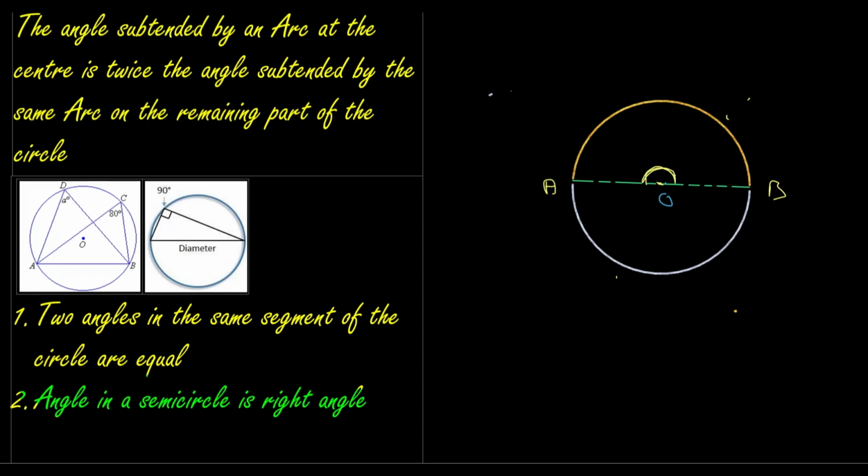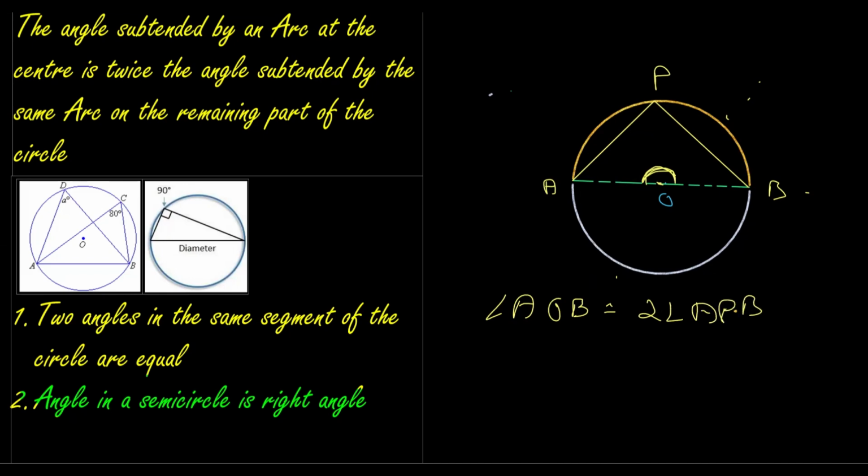And the angle subtended by this same semicircle, which is also an arc, on the remaining part, the golden one being the alternate segment. If I talk about the angle subtended by this arc AB at the center, you should say AOB. Clearly, this is AOB. So by the property of alternate segment, it should be twice angle APB.